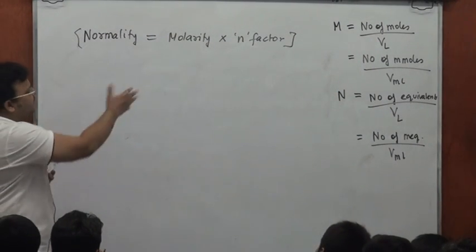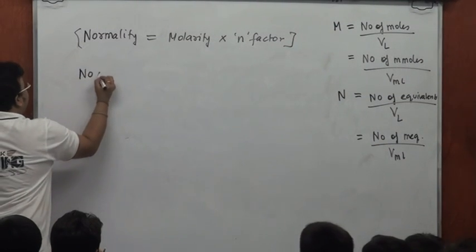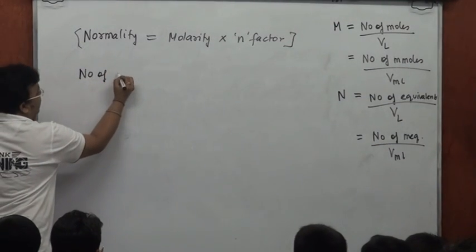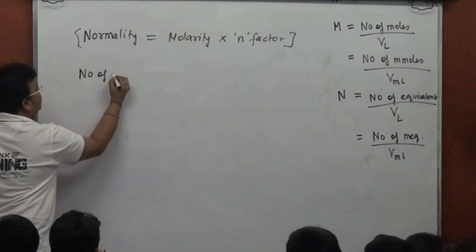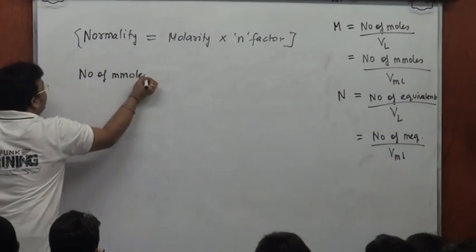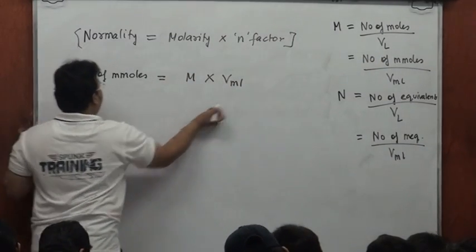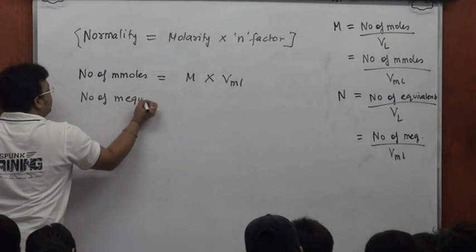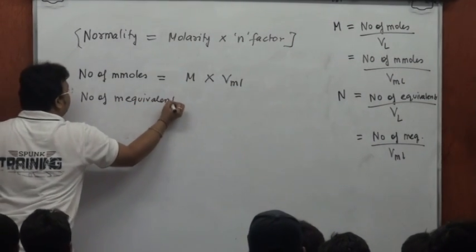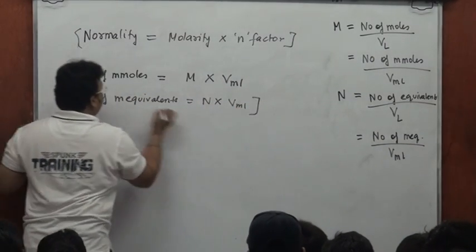What we also get from the couple of expressions I wrote there is, and this would be meaningful, I'll certainly make you understand. Number of millimoles will be equal to molarity into volume in ml, and number of milliequivalents will be equal to normality into volume in ml. You know what I am doing?